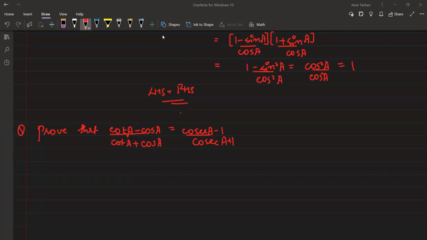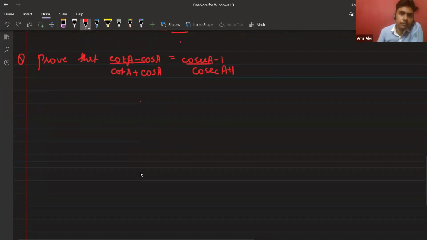Is it converting everything to sine A, or cos A? Yes, Adil, please repeat what you were saying. Should we convert everything to sine A or cos A? Sine and cos, very good. Okay, let's do that.